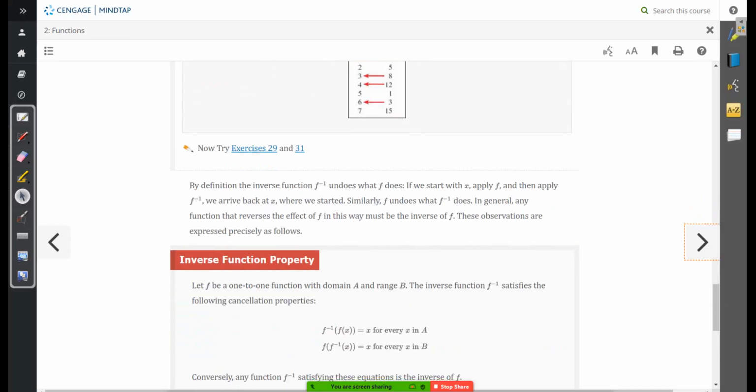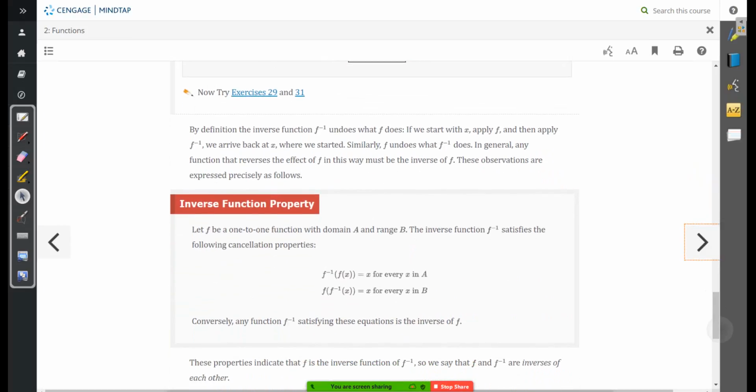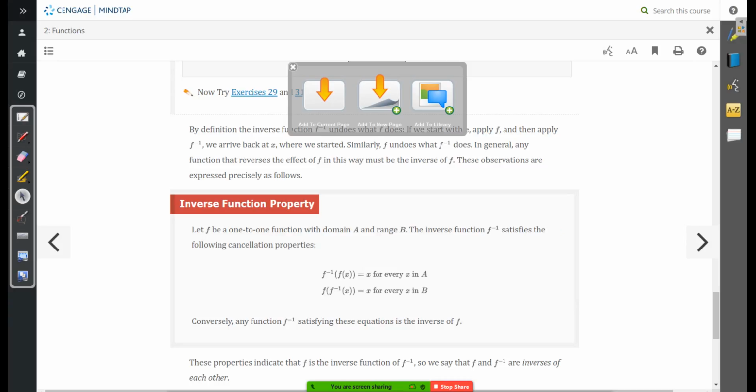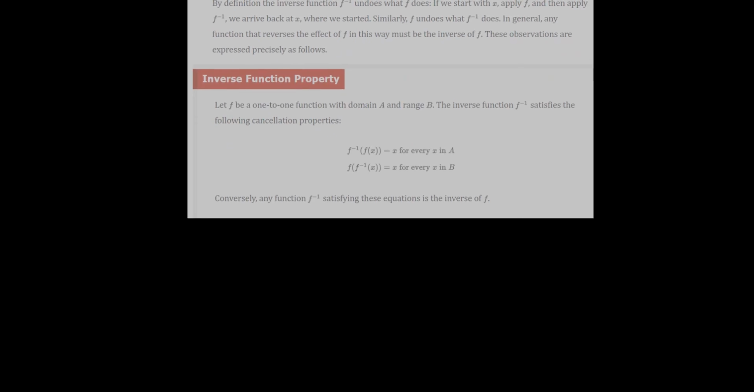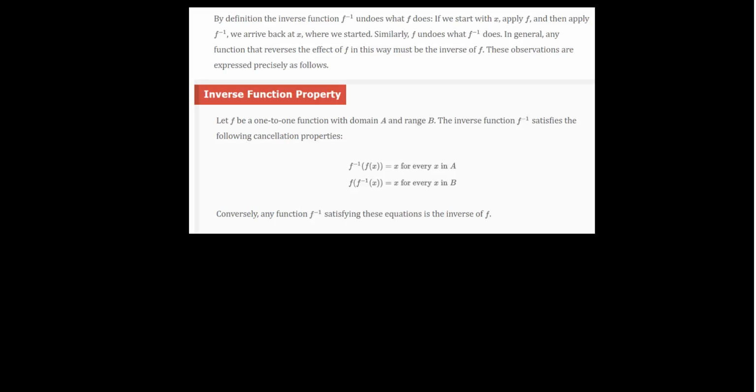Okay, so we can tell if a function is a one-to-one function graphically.